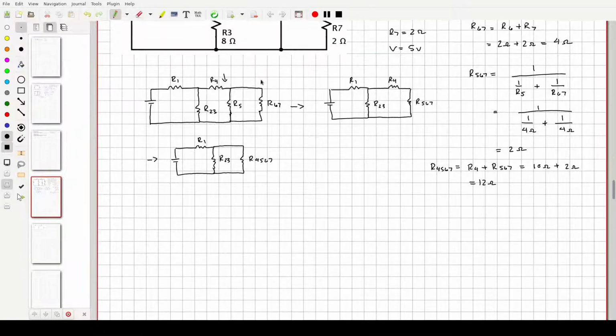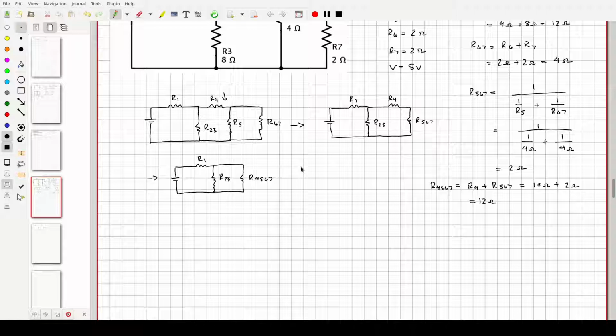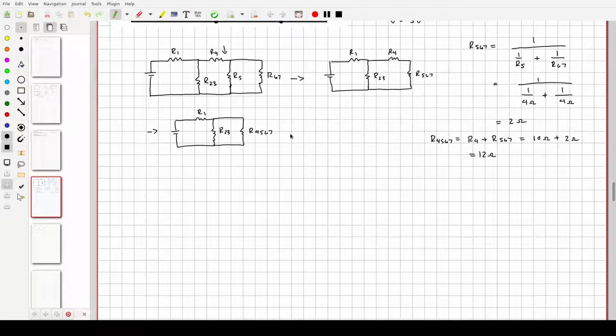You see how this is just reducing in complexity from this big ugly thing into this, into this, into this. And we really only have 2 more steps to go. The next step is going to be to take it and reduce it this way. There's your R1. R23 and R4567 are in parallel to each other. So we're going to add them together that way to give us an effective resistance there of R234567.